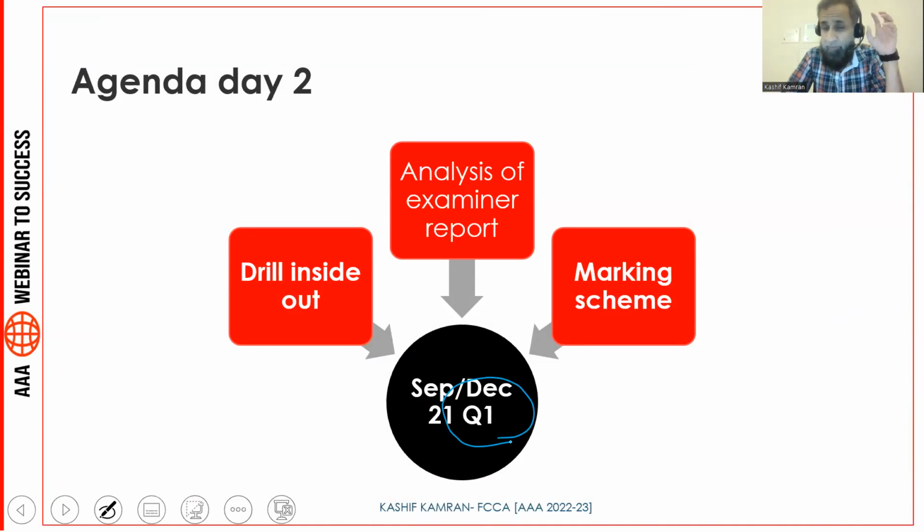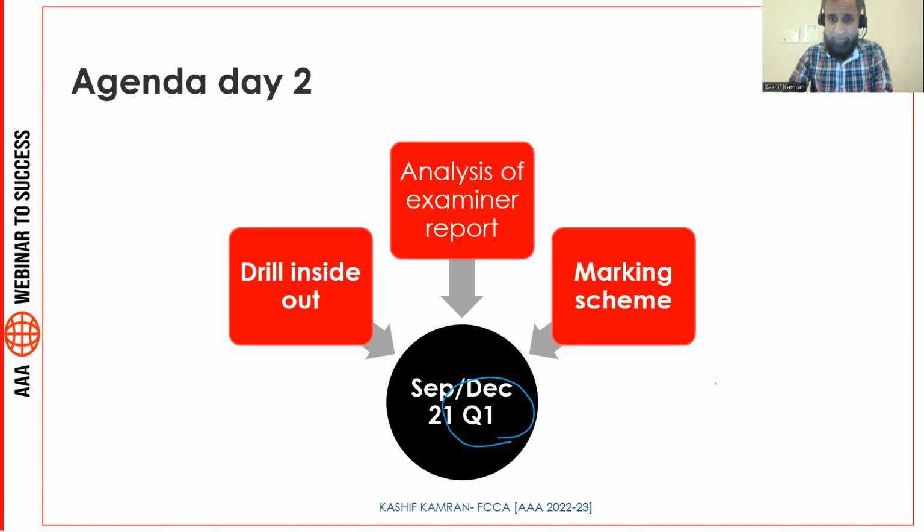We were looking at the drill on the practice platform, how to read the exhibits, how to find information from the exhibit, and where possible, we were trying to connect the examiner feedback given in the examiner report for December 21. We still need to look into the marking scheme, though I have given you the marking scheme for part 1A. We still need to look at the marking scheme for part 1B, which is basically the audit risk.